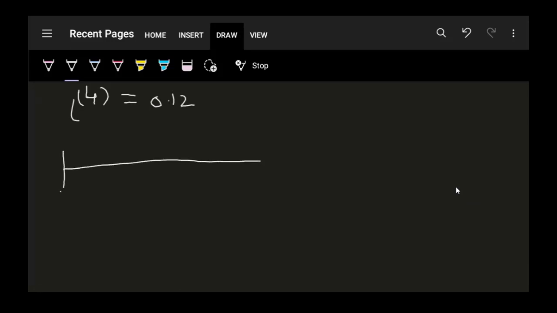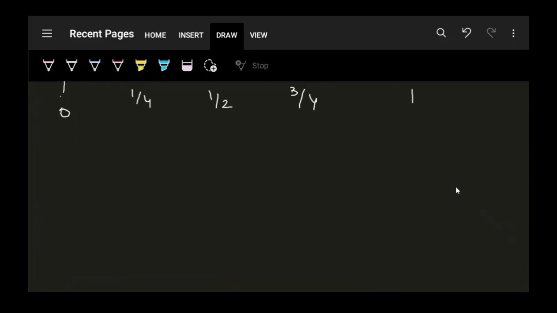So this is my time 0. I invested 100 here, and at time 1, this is my first quarter, this is my second quarter, this is my third quarter. Now look at what is going on here. Suppose I invested 100 rupees in this bank account which pays 12% per annum compounded quarterly.